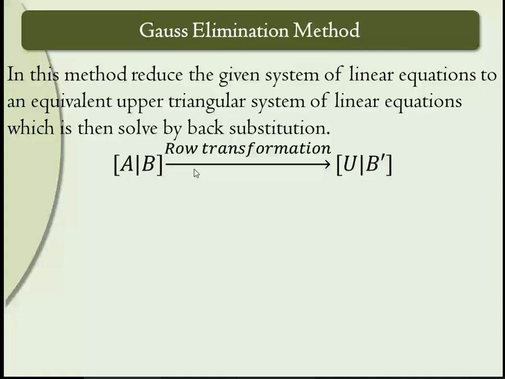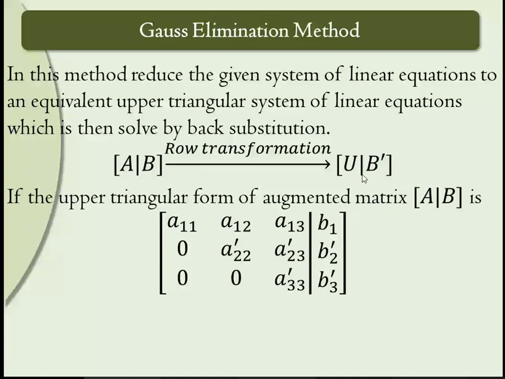By using these row operations, we have to convert this matrix into an upper triangular matrix, and that matrix will be like this. These elements are called diagonal elements, a11, a22, a33. If all the elements below them are 0, then it is called upper triangular. So by using different row operations, we have to convert it into upper triangular form.